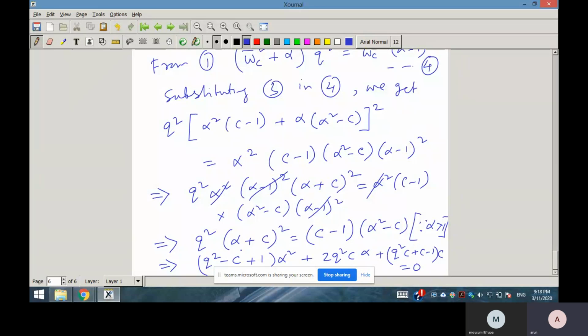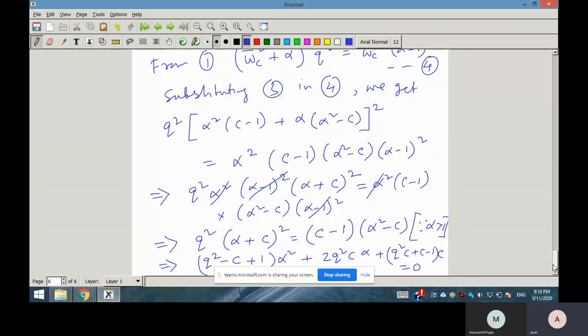Then 2q square alpha c will come from here, and q square c square will come from here, and then (c minus 1) into c will come from this one. So okay, it's fine. Now we have to show what is given to us.